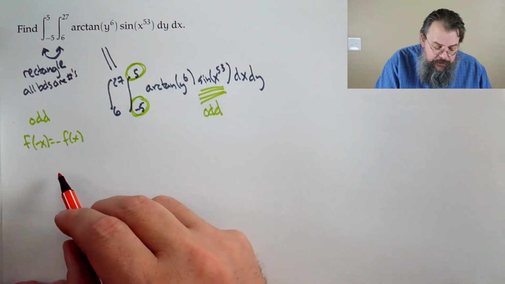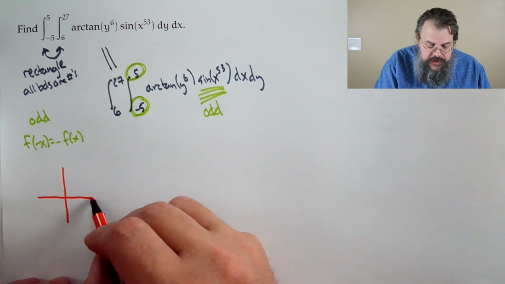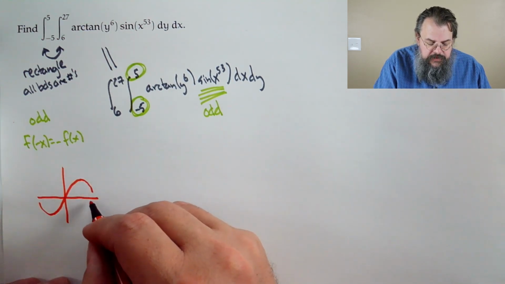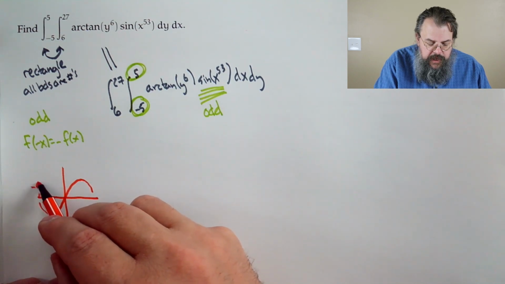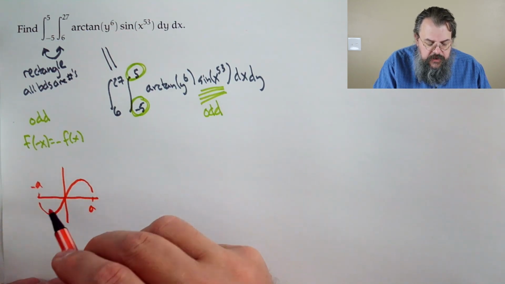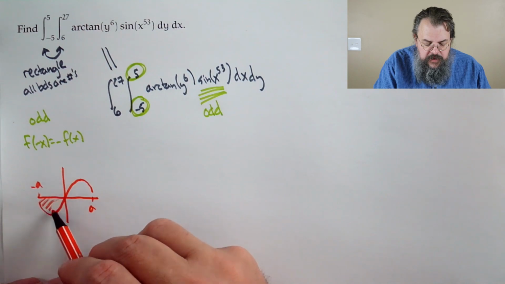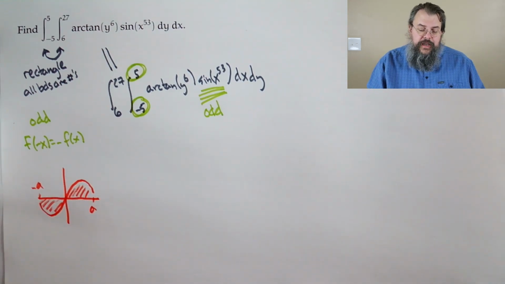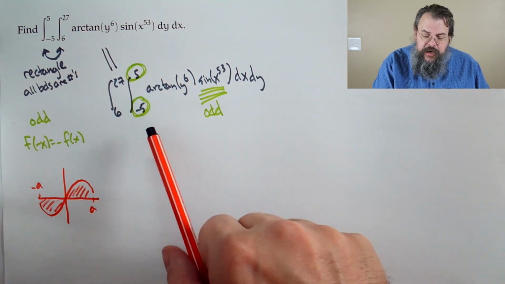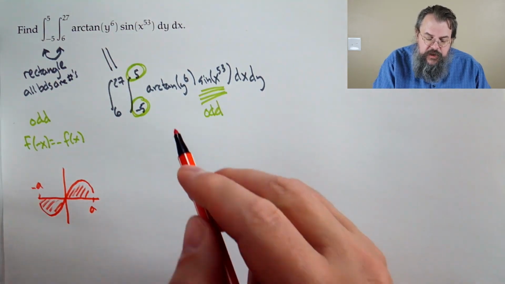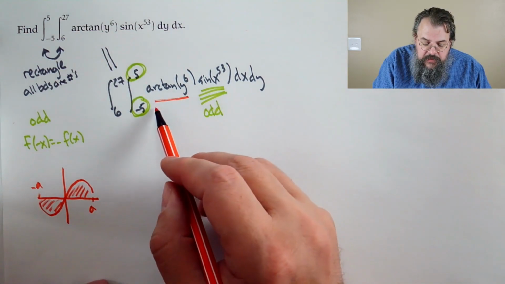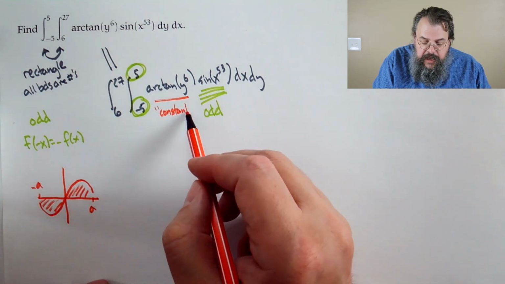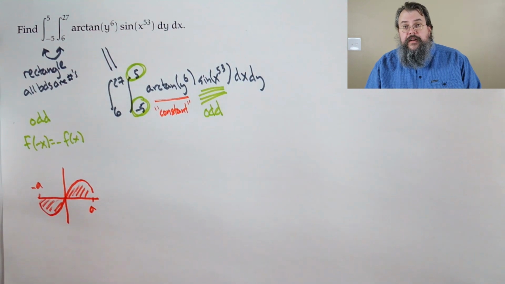Well, it turns out that if you have an odd function and you integrate from negative a to positive a, you can see that the areas will cancel out. So that the integral from negative 5 to positive 5 of this sine of x to the 53rd, and this arctangent y to the 6, we can really think of it as, for the time being, acting like a constant since it's with respect to x.